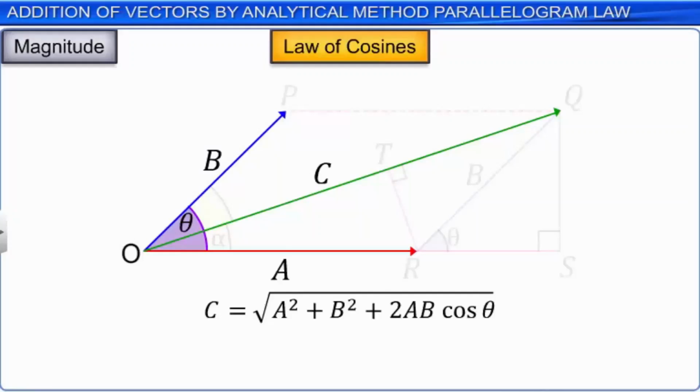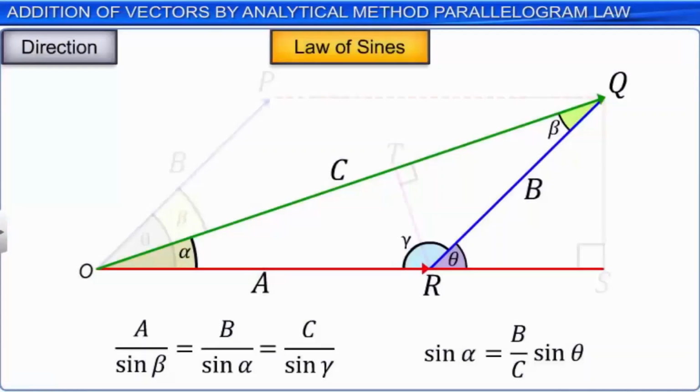This equation is known as the law of sines. Sin alpha is equal to B by C into sin theta. From this equation, we can find the direction of the resultant vector C. Tan alpha is equal to B sin theta by A plus B cos theta. From this equation, we can find the direction of the resultant vector C.